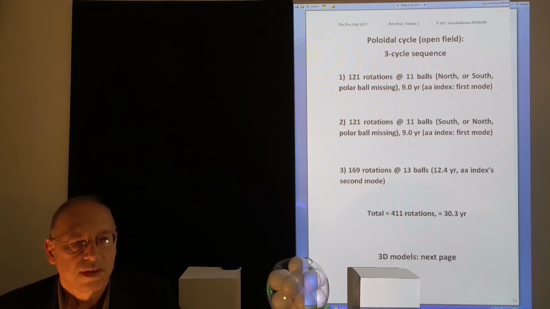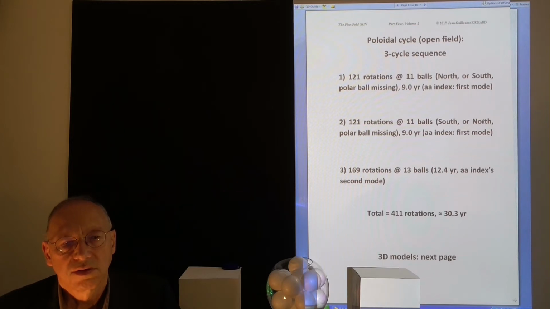But we can, as an illustration, propose that there will be an almost enantiomeric situation with one ball missing in one case and the antipodal ball missing in the second case.